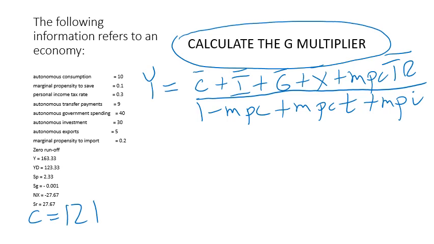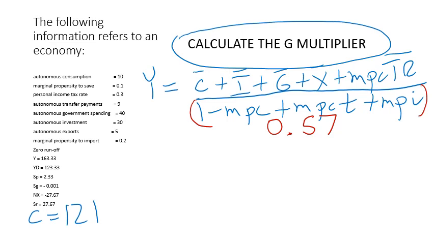Okay. So you remember our calculation here showed that the denominator is 0.57. Okay. So how do we calculate the multiplier?